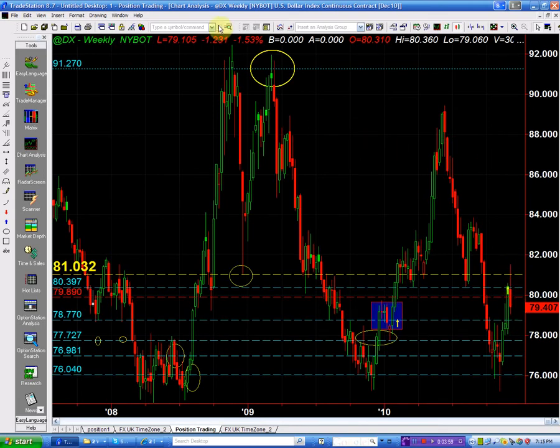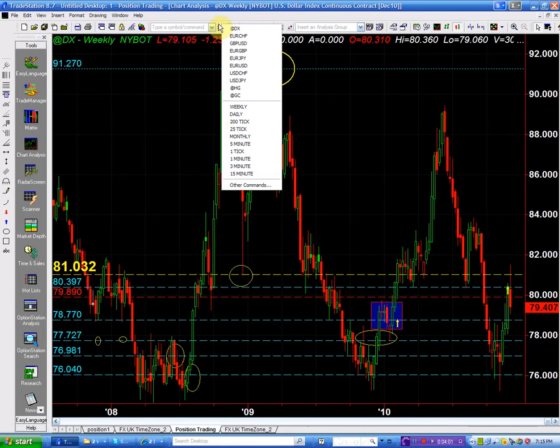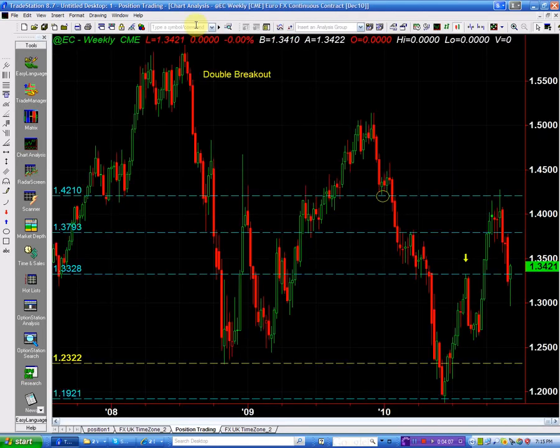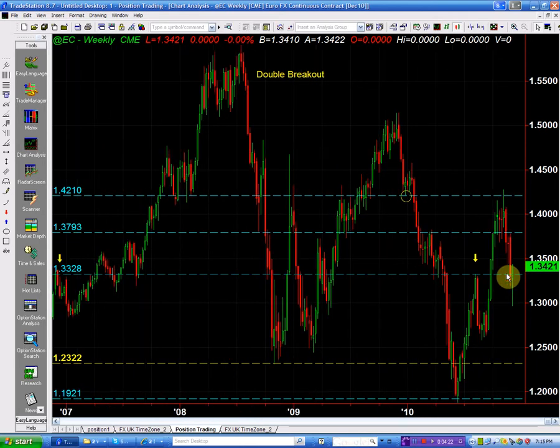The second currency which was reacting this week was the euro. If you look at the weekly euro, you will see that the plan was to continue the short move in the euro below 1.3328.